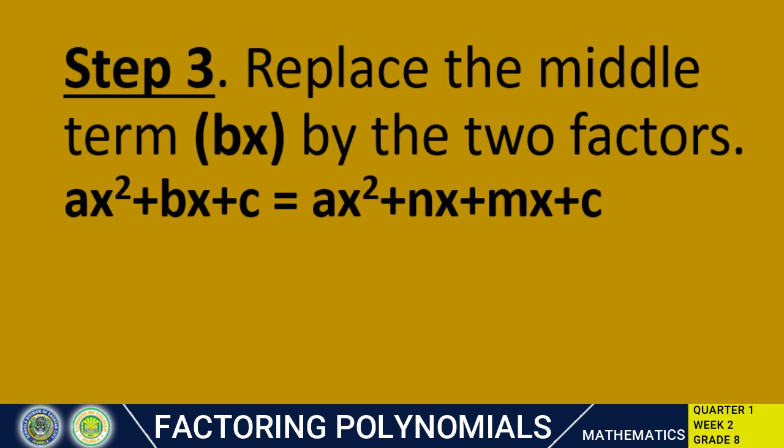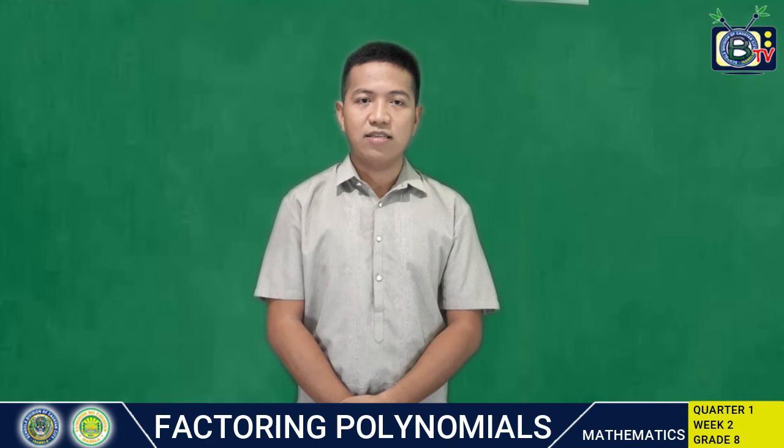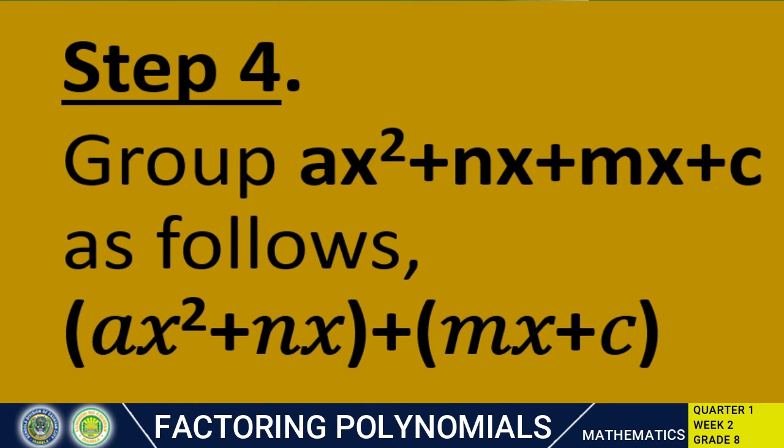Step 3. Replace the middle term bx by the two factors. ax squared plus bx plus c is equal to ax squared plus nx plus mx plus c. Step 4. Group as follows: quantity ax squared plus nx, plus quantity mx plus c.